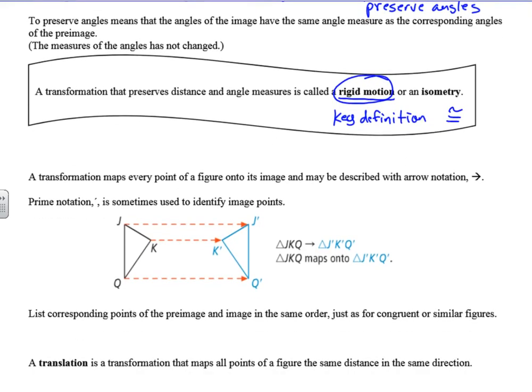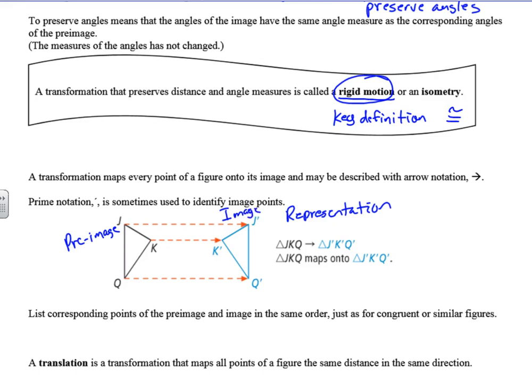Moving along here, a transformation maps every point of a figure onto its image and may be described with arrow notation. Prime notation is sometimes used to identify the image points. So here we see JKQ, which we would call the pre-image because it's where it starts, and the result over here would be called the image.